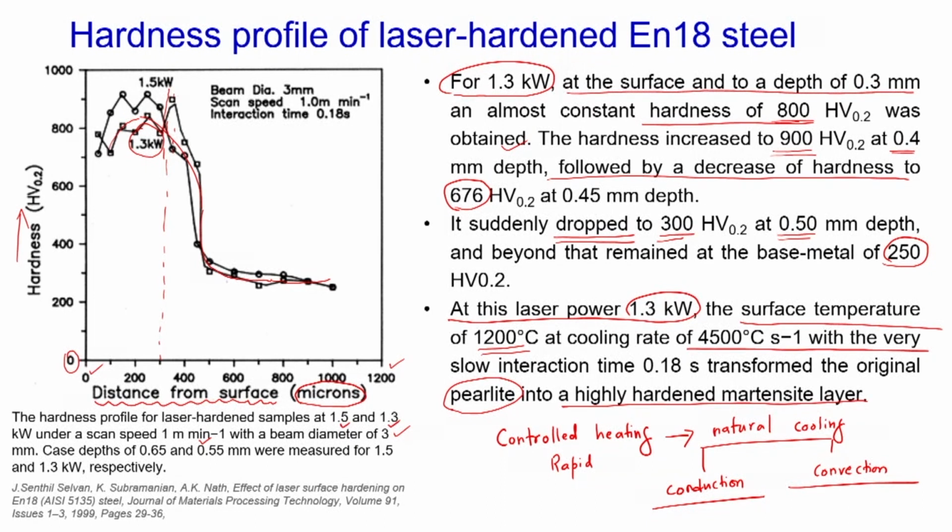So, during this cooling operation with a cooling rate of 4500 degrees Celsius per second, the original perlite was transformed into hardened martensite layer, and due to that the hardness of the surface was enhanced. So, in this way, by having the controlled irradiation of laser beam on the surface of metals, we can enhance the hardness value of the surface.